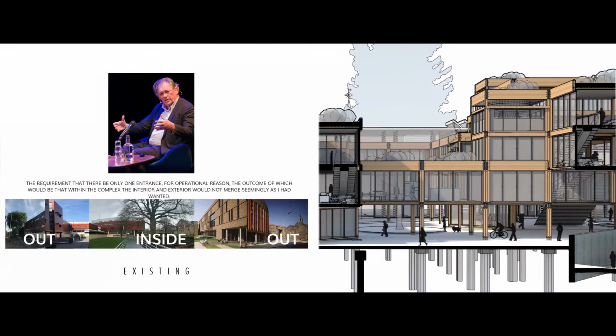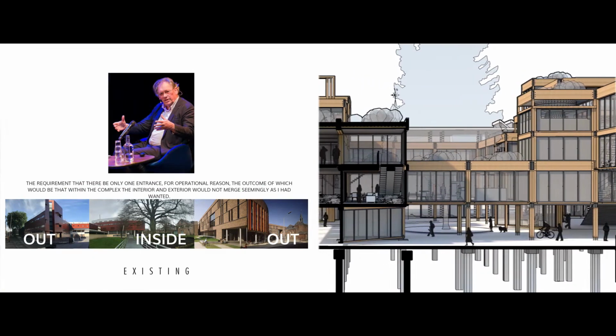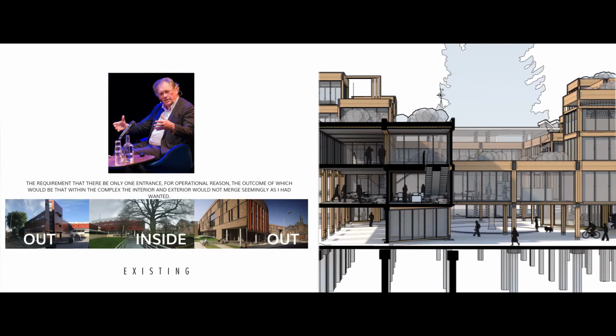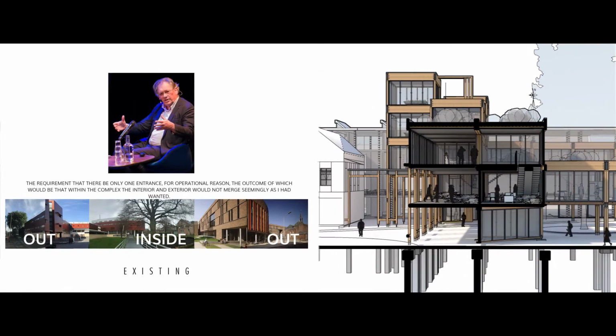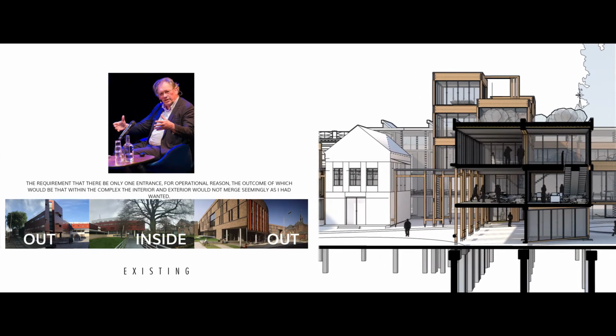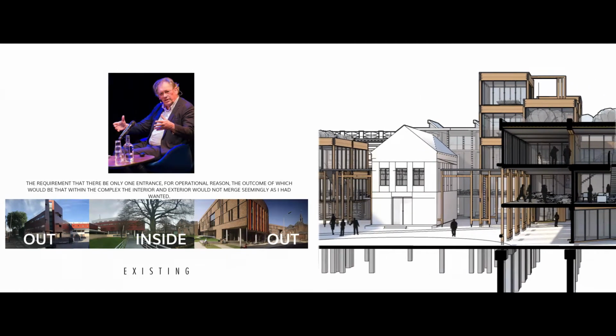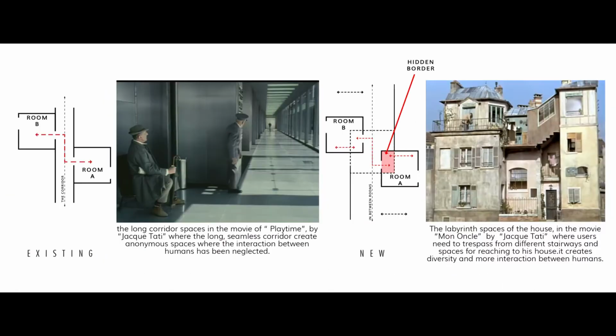So here, Jo Coenen, the architect of the project, had the problem with division of the inside and outside. So in the design, I tried to merge inside and out as much as possible. And then here, I'm talking about the main concept, Hidden Border.